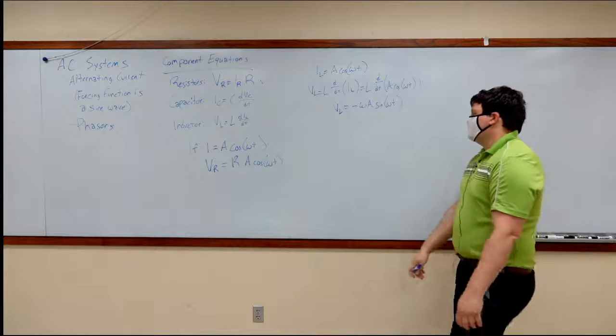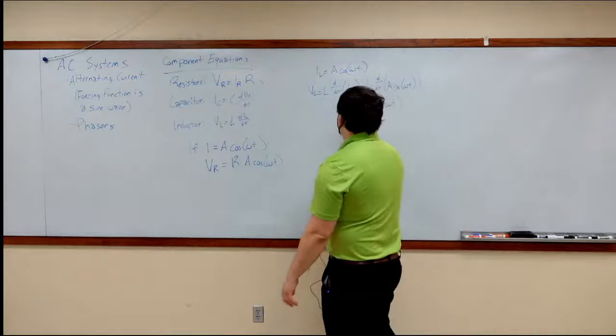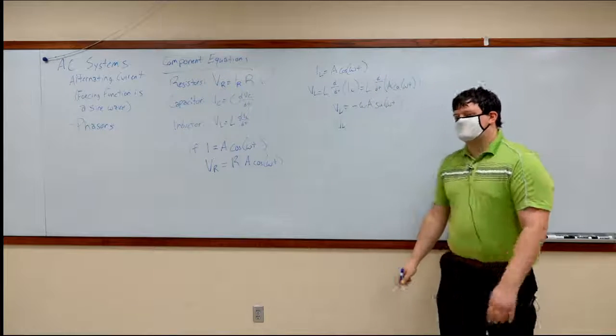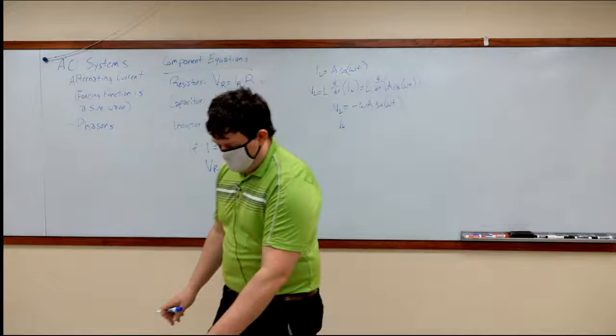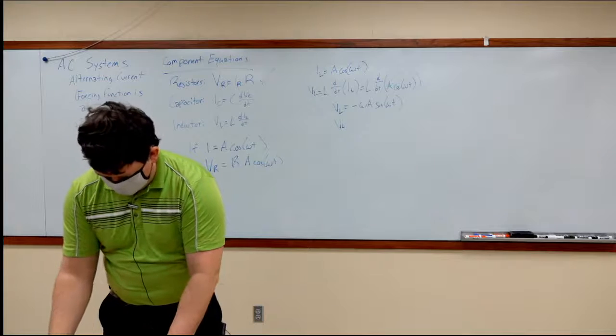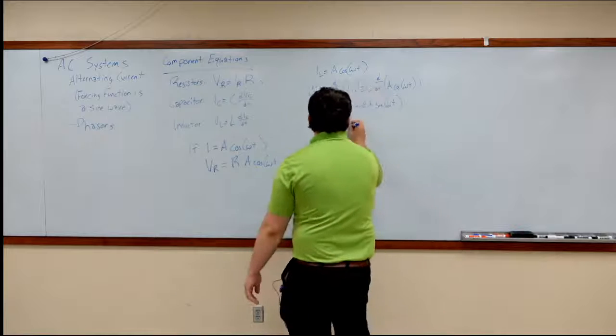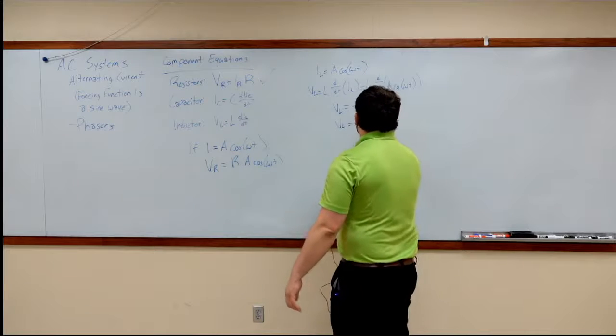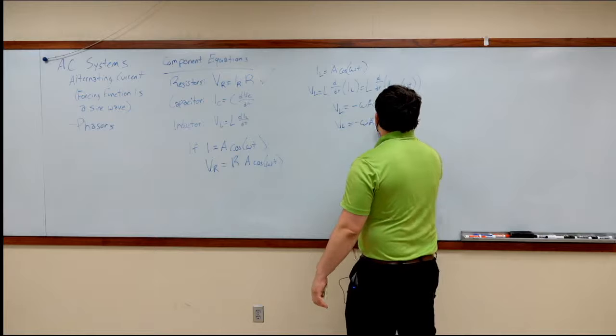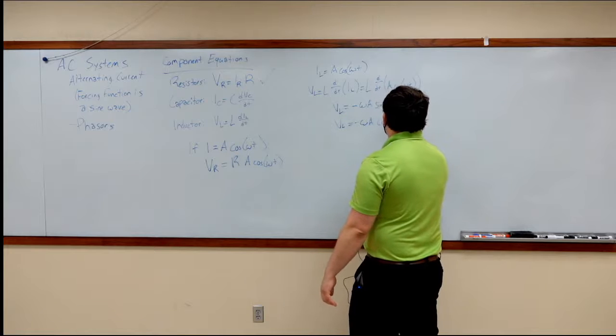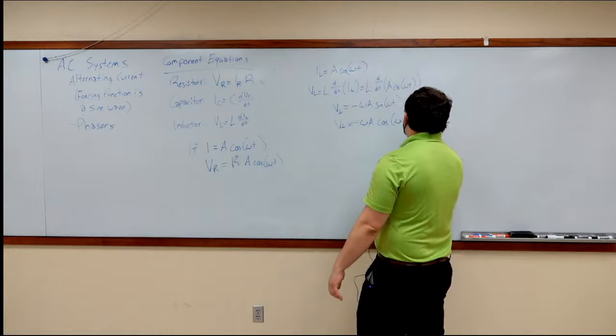Okay? Another way of writing that is, because we're trying to get things in terms of cosine, and here I have to look at my formula because I do not ever remember these, VL is equal to negative omega A times cosine of omega t minus 90 degrees.